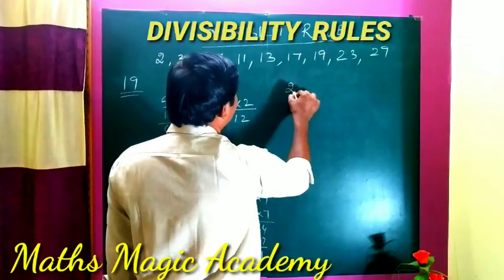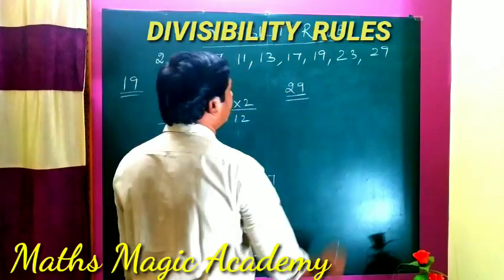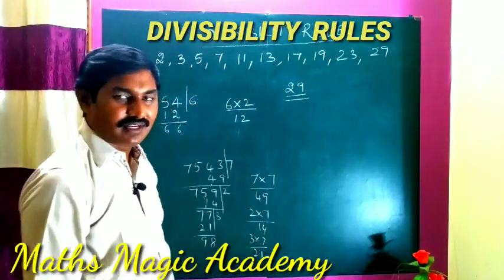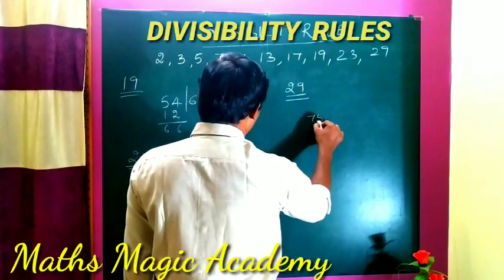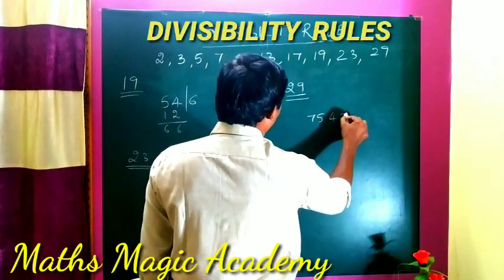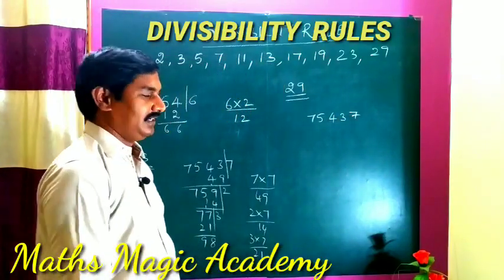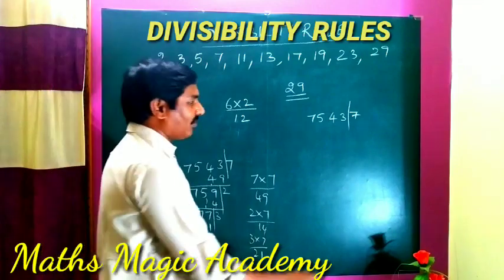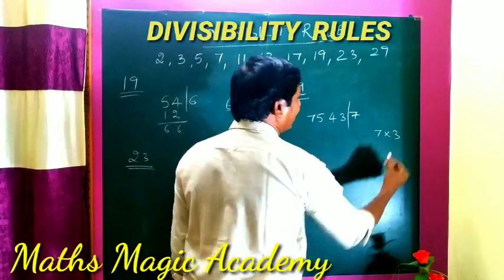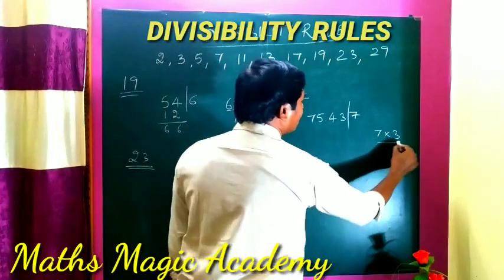As well, we'll discuss the divisibility rule of 29. This 29 is also the same process. I will take the same number, 75,437. In this, the last digit is 7. Here the last digit is multiplied by 3. 7 into 3, 7 threes are 21.